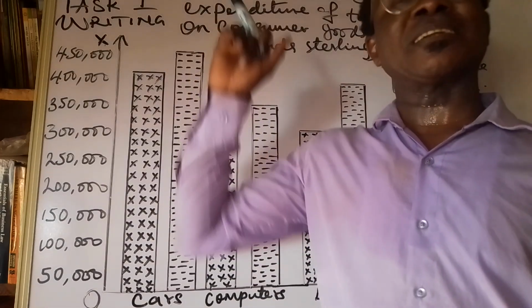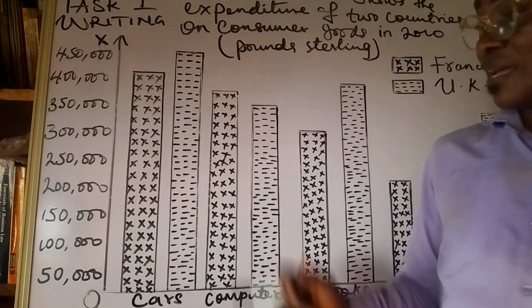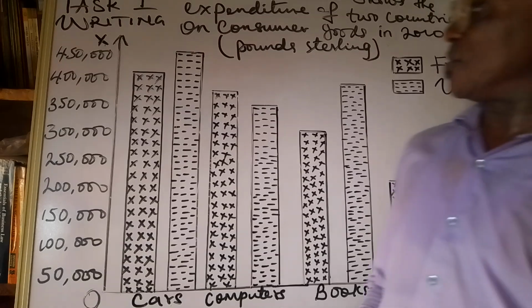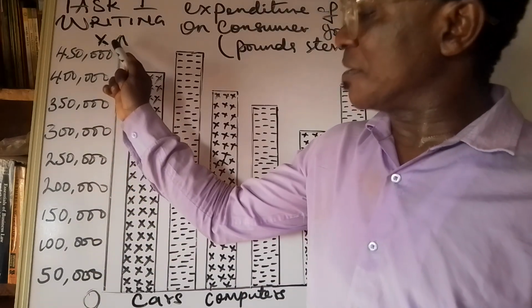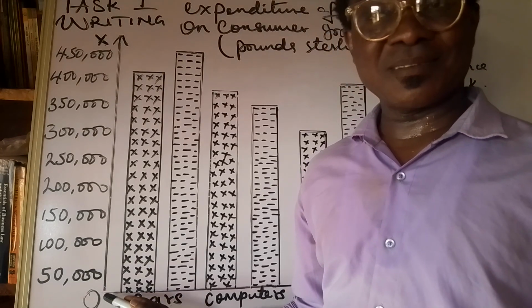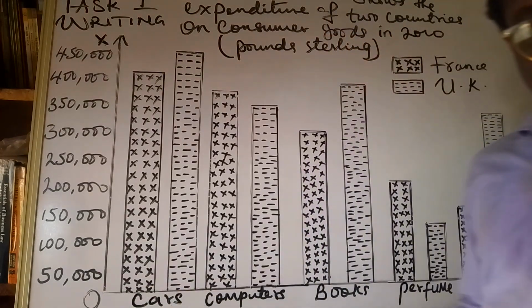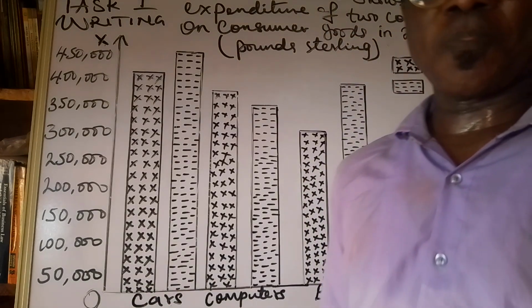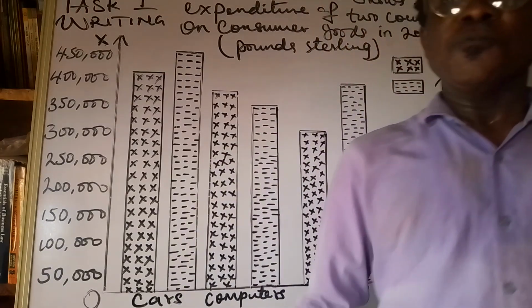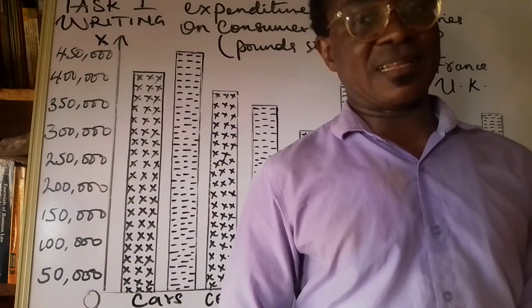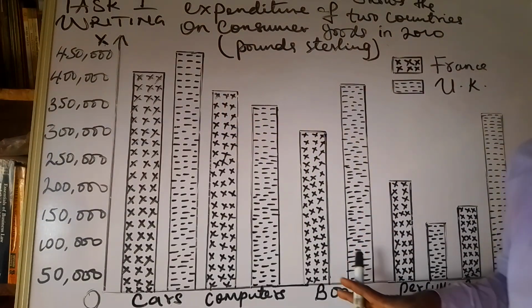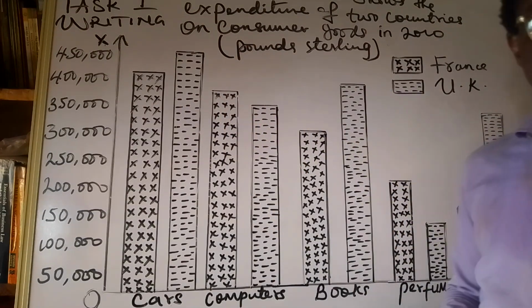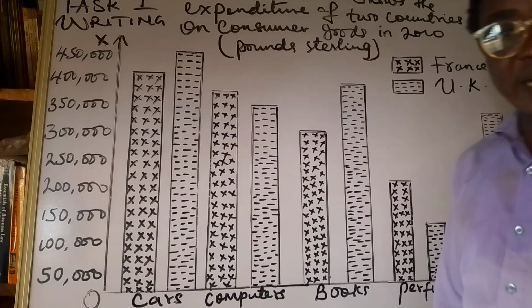The higher bars represent more value than the lower ones, and the values, like I pointed out already, are represented along the vertical axis of the chart. First of all, the IELTS candidate has to understand the chart, be able to interpret the chart before you go into writing.